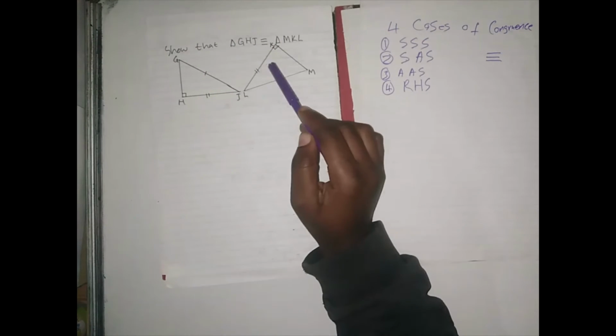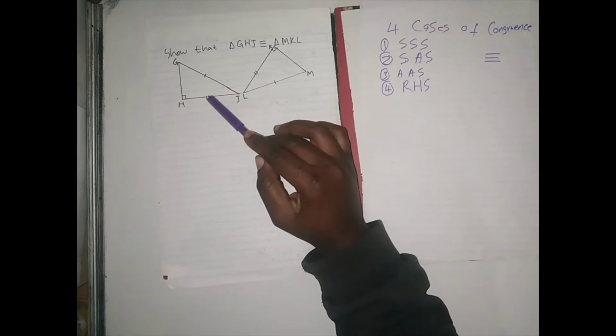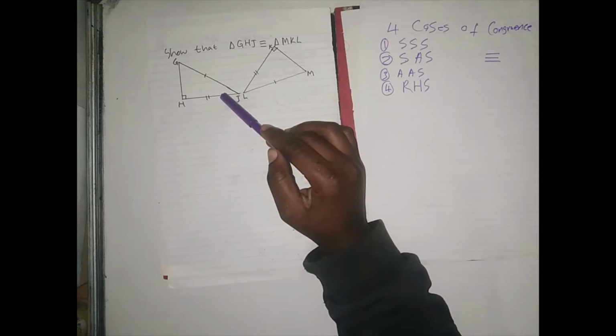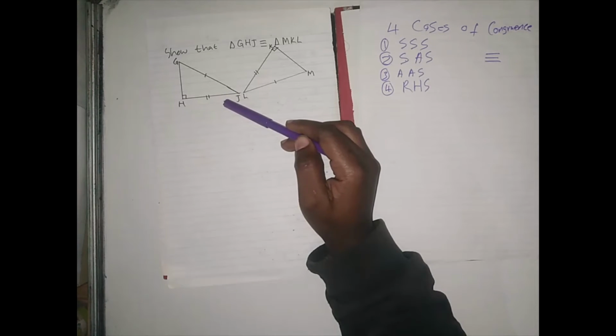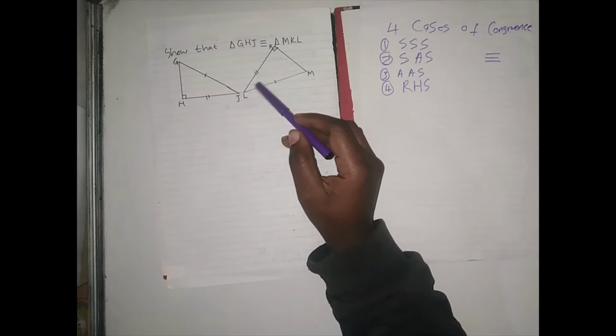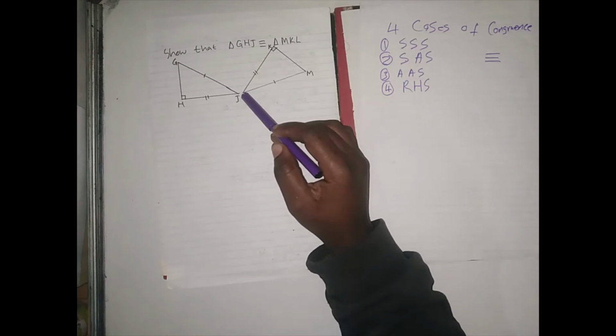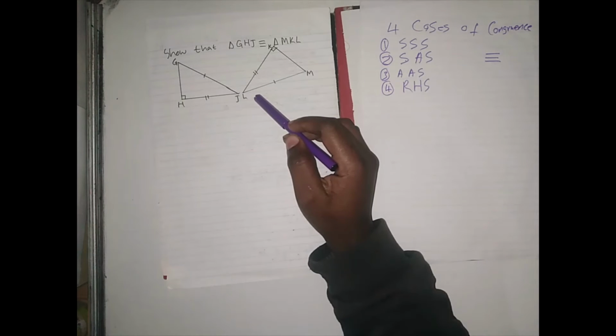Okay, so if the angle is not in between these two sides, then we cannot say that those two triangles are congruent, unless, and I want you to know this, unless that angle is a 90-degree angle. That only happens in a case where that angle is 90 degrees.